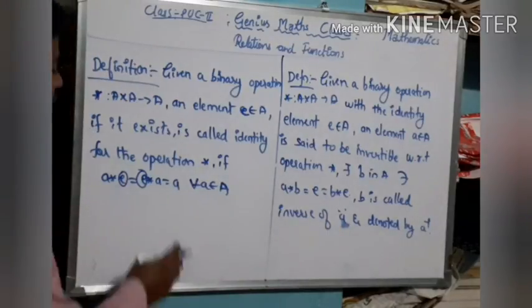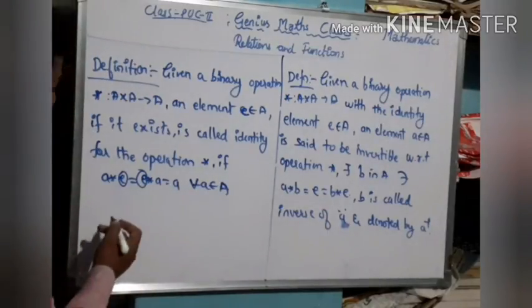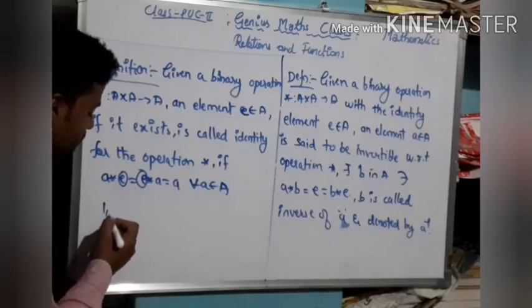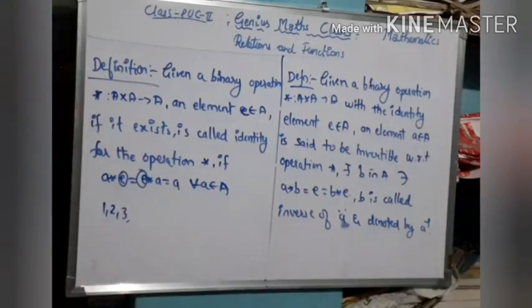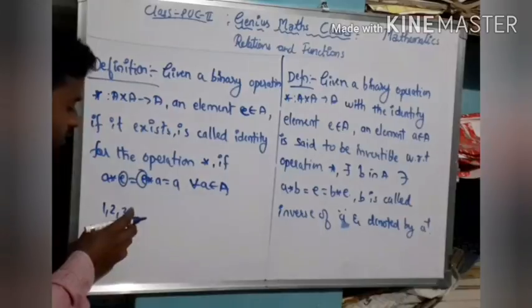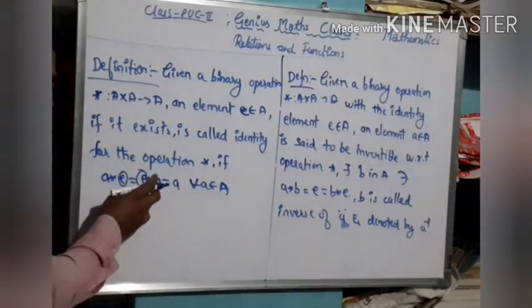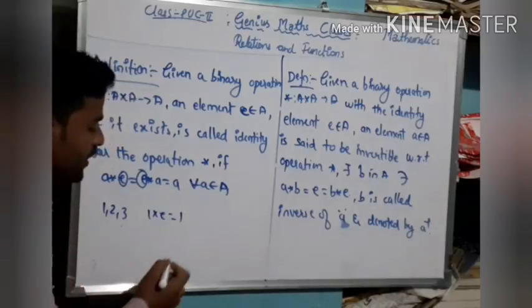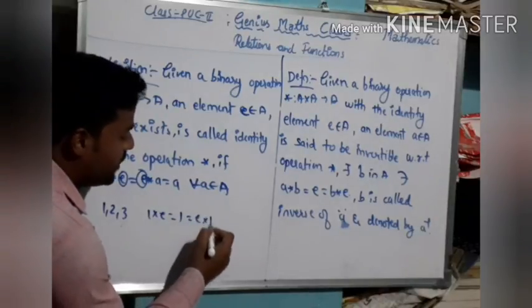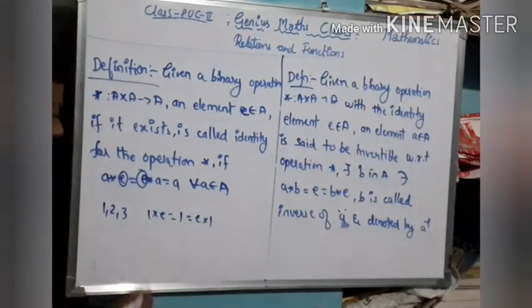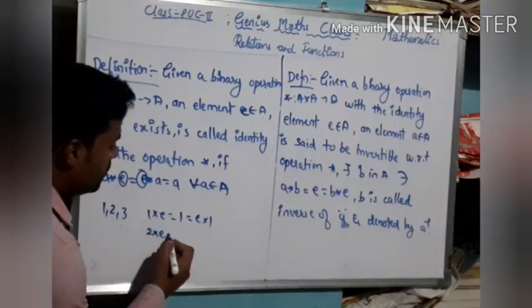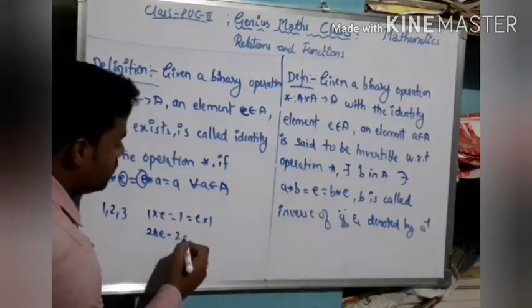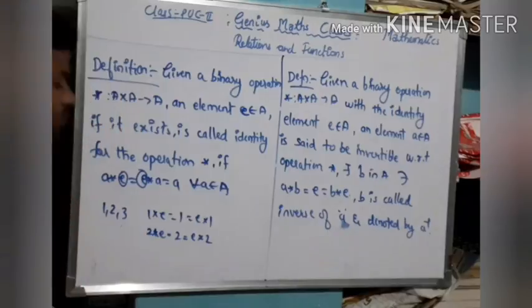It means any number, for example 1, 2, 3, operating with this E: 1 star E equal to 1 only, or else E star 1 equal to 1 only. Similarly, 2 star E equal to 2 and E star 2 equal to 2.